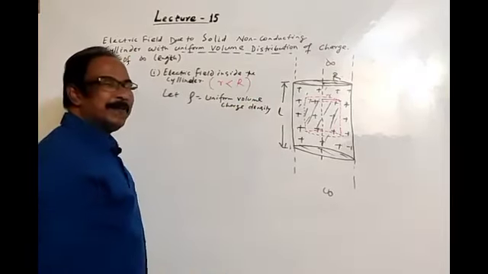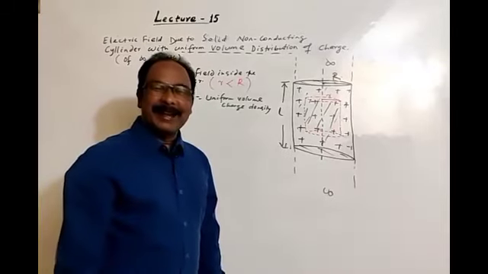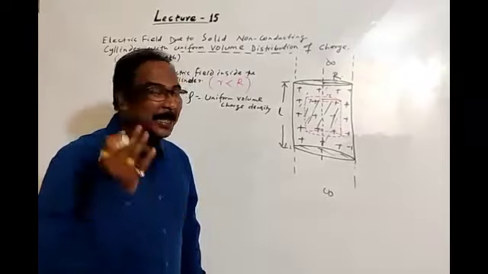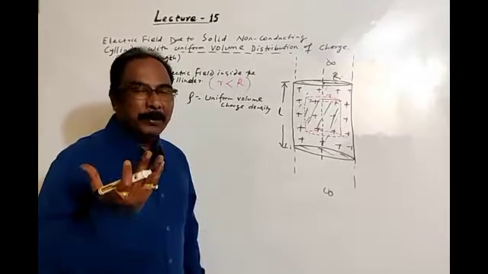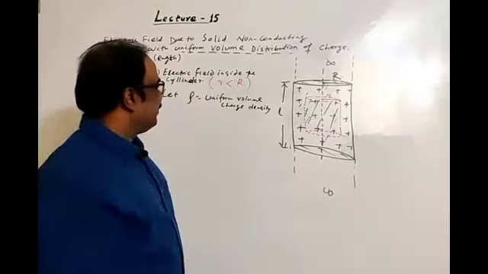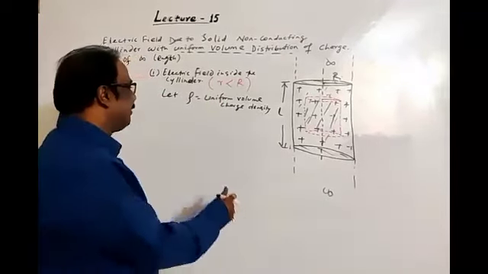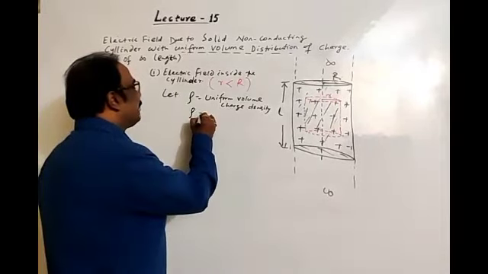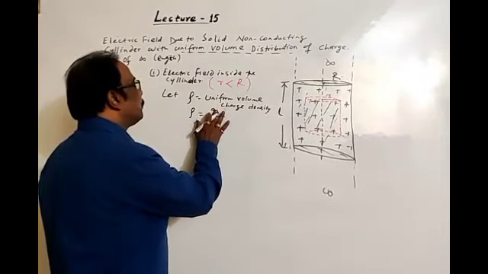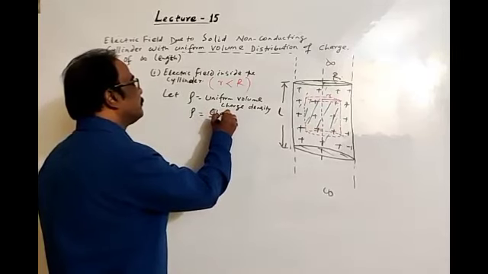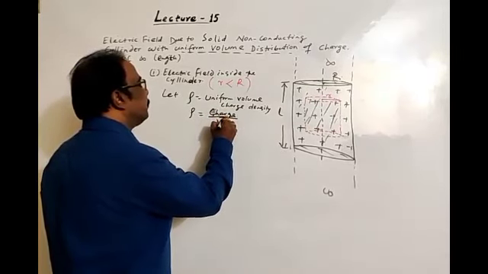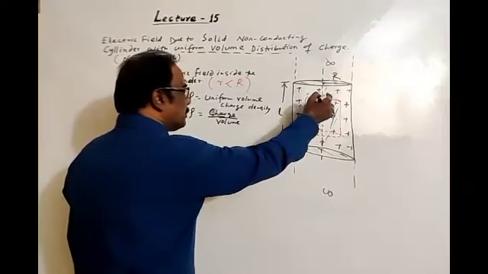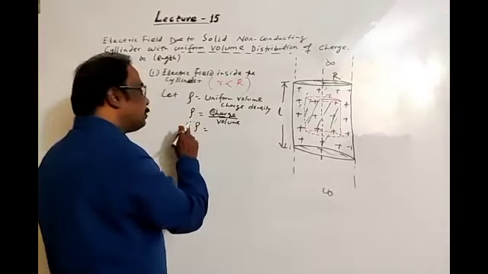In the first case, we took linear charge density lambda, charge per unit length, then surface charge density, charge per unit surface area, and here uniform volume charge density. So the charge density is uniform, charge per unit volume. Inside this imaginary Gaussian surface, the charge density is rho.